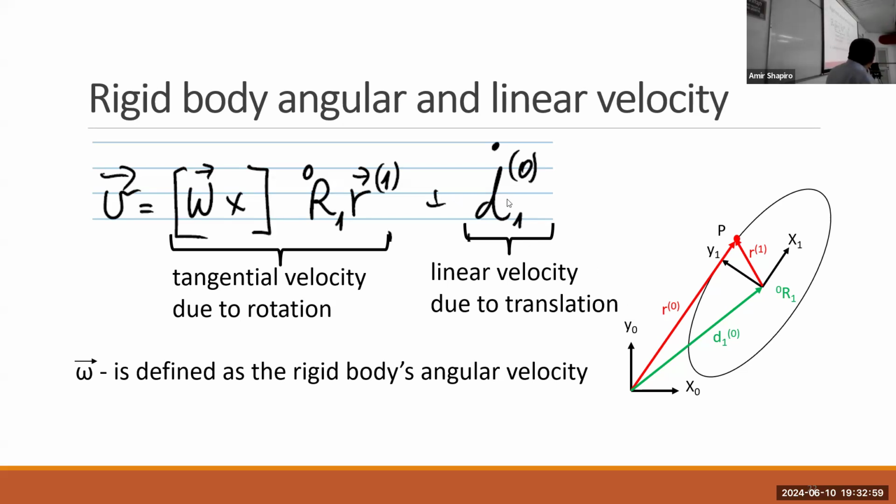Plus D dot. D dot is the relative velocity. It's the linear velocity due to translation. So if the whole body moves as a rigid body and does not rotate, this is D dot. And omega cross R is the amount of velocity that comes from rotation. Exactly as we saw in dynamics.